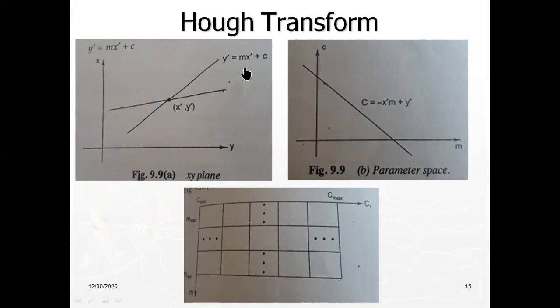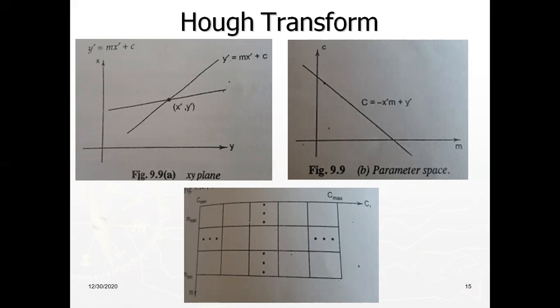With the basic equation y equal to mx plus c, we can write c equal to minus x dash m plus y dash. This parameter space is employed in Hough transform to detect whether the detected pixels belong to the same edge or not.